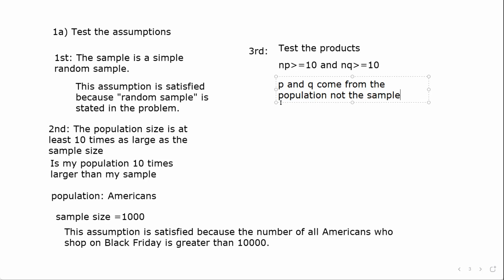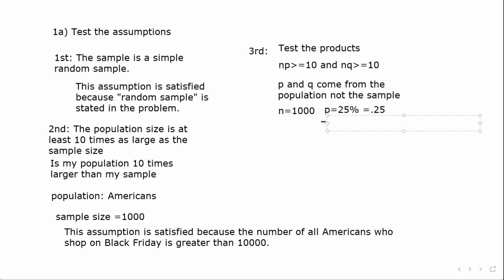So in this case, N is 1,000 because we beat that into the ground earlier. P comes from not the sample proportion, not the 33%, but it comes from the 25%, which is 0.25, right?